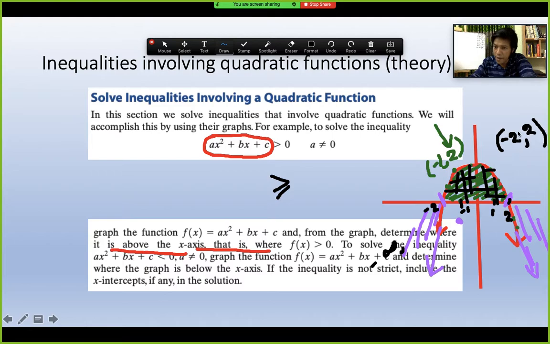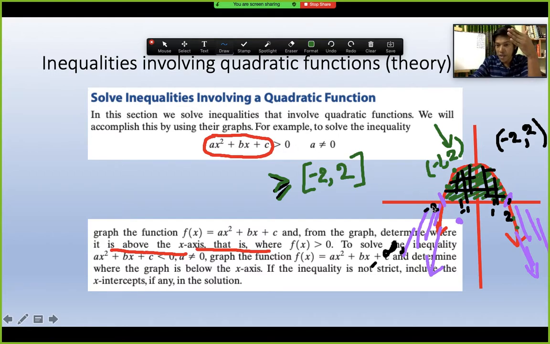For the same math, if the question is given like this, for this same example, then the answer will be from -2 to 2, because this is non-strict. Not strict simply means the value is included. And if it is just greater than, it means the value has to be greater.